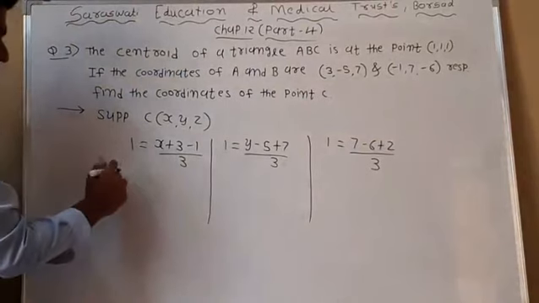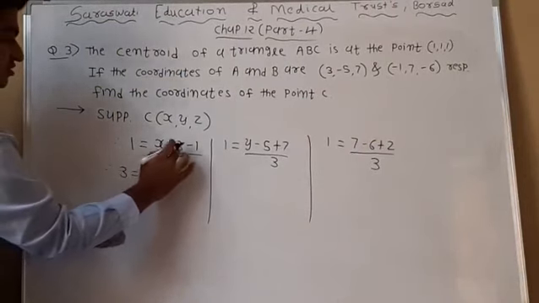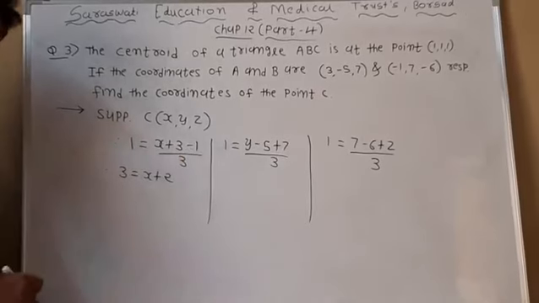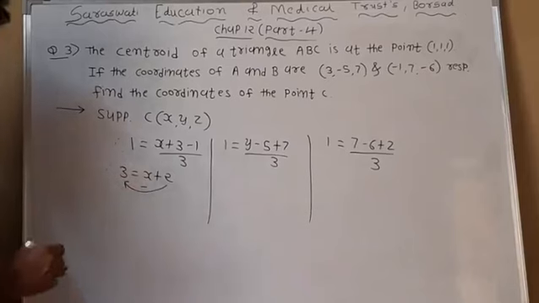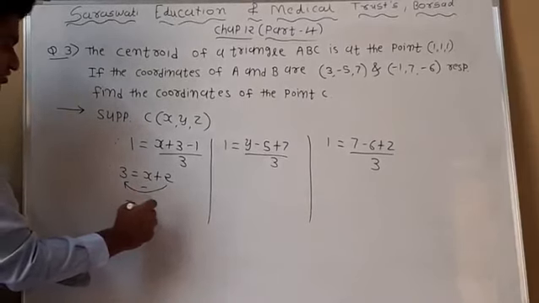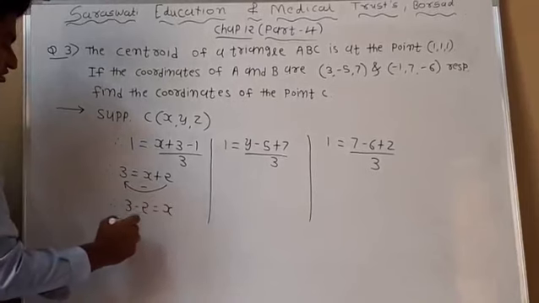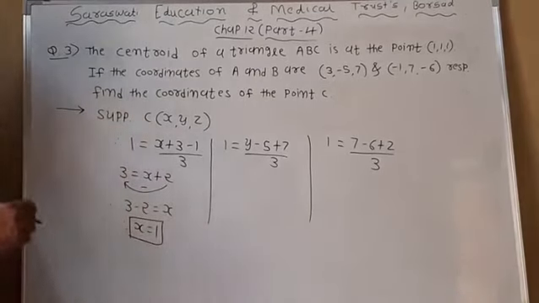Now 3 multiplied by 1, so 3 is equal to x + 3 - 1, which means x + 2. Now move the 2 to the opposite side and change the sign. So 3 - 2 is equal to x, so we get the x coordinate equal to 1.